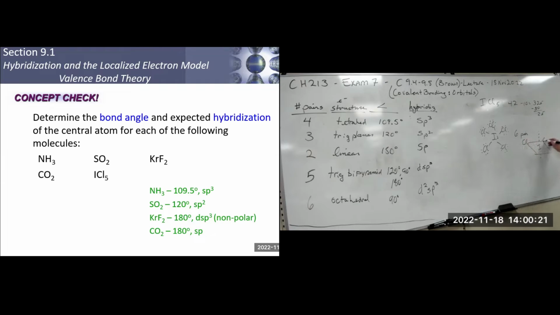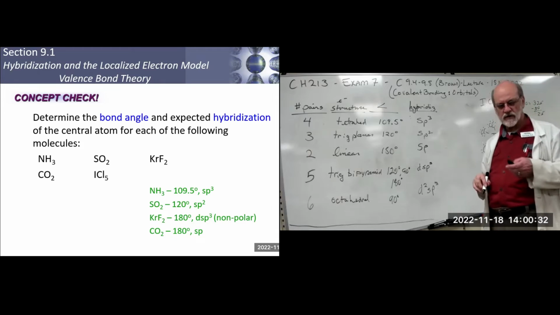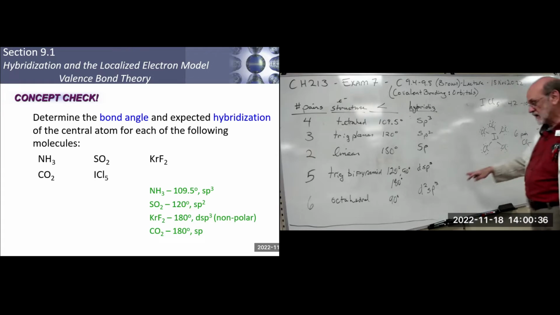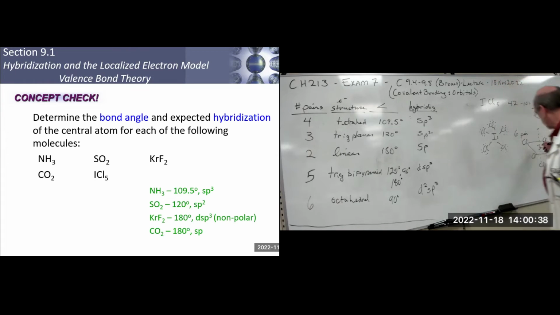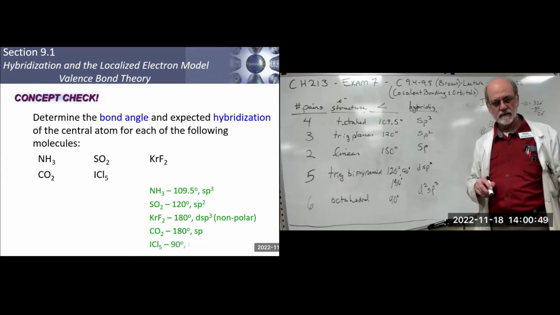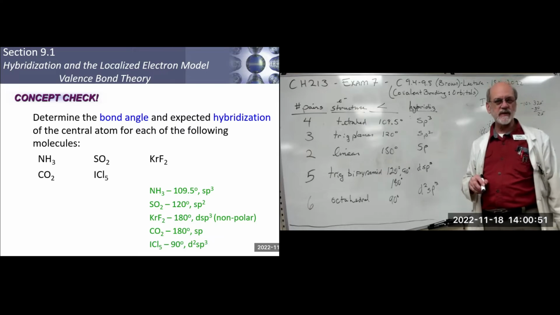Right. Chlorine, chlorine, chlorine, chlorine, and then chlorine, and then a lone pair. So that makes a square pyramid structure. And since we have 6 effective pairs, it's octahedron. And these bond angles are 90 degrees. D2sp3 hybridization.